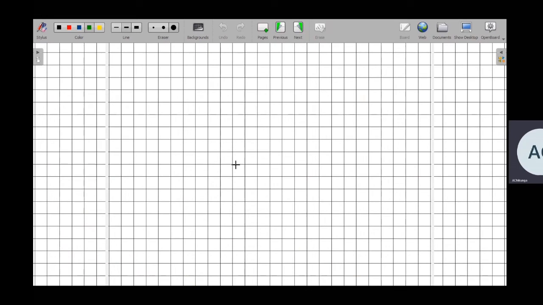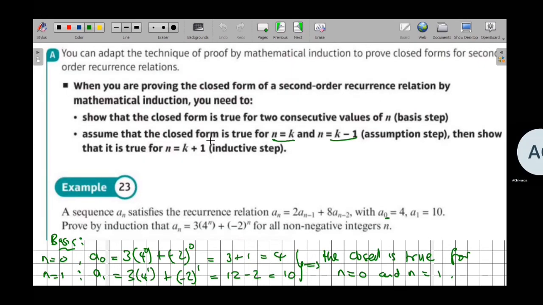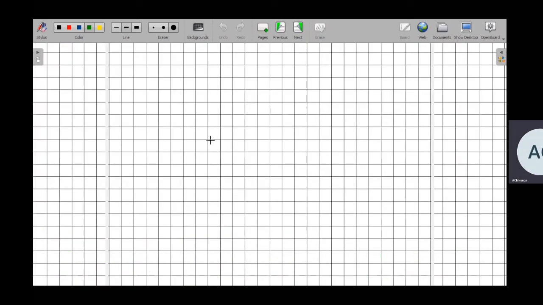For n equal to 0 and n equal to 1. So we go to our assumption step now. We make an assumption. What is the assumption going to look like? We've got two conditions, isn't it?